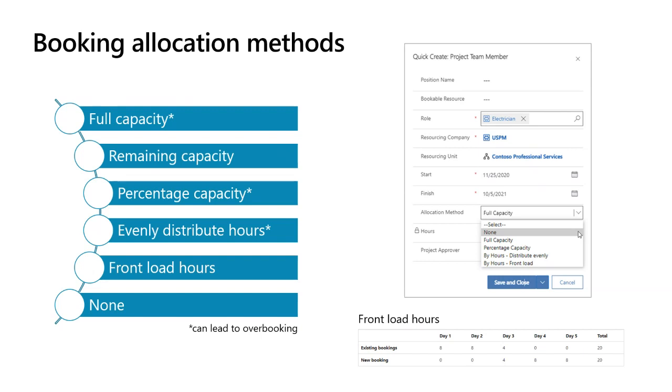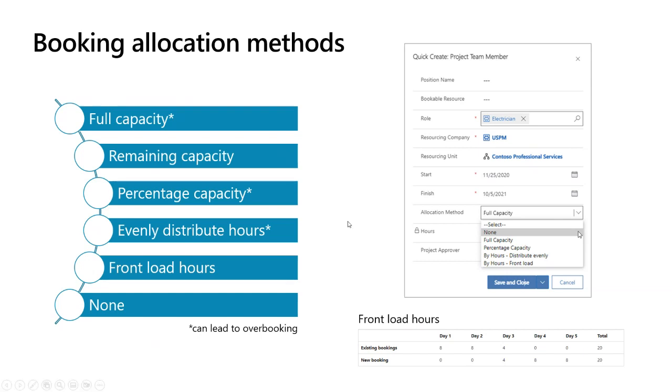For example, full capacity means that based on the resource's calendar, all the working hours are booked regardless of existing bookings, as such an overbooking. Front-load hours, on the other hand, consume the resource's available capacity in a first-in, first-consumed order. So the resource is booked for a specified number of hours, which are front-loaded per day over the specified from and to days.